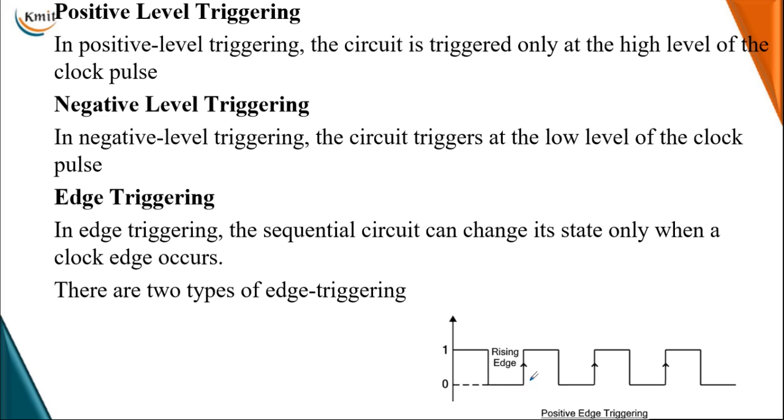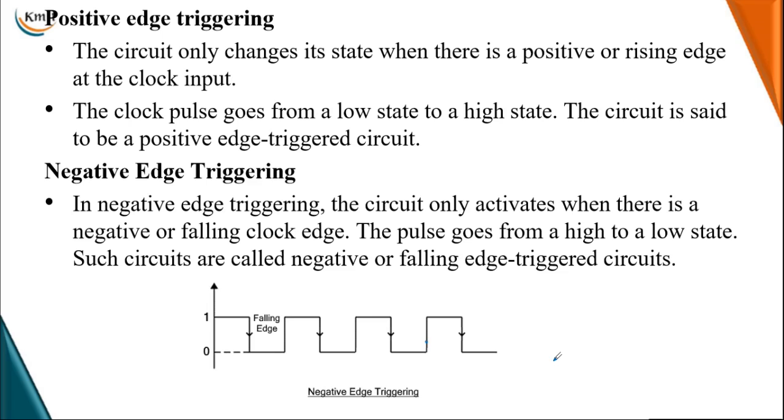If the output of the sequential circuit is generated on the positive edge, when the clock moves from low to high state, it is known as positive edge triggered. If the inputs can change the next state of the sequential circuit only when the clock moves from high level to low level, it is known as a negative edge triggered flip-flop.